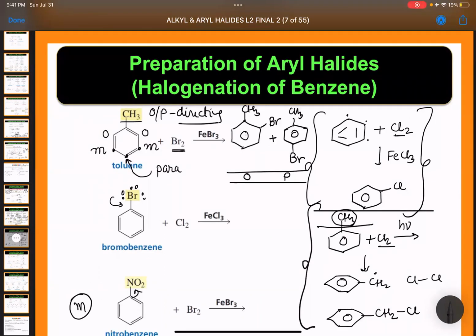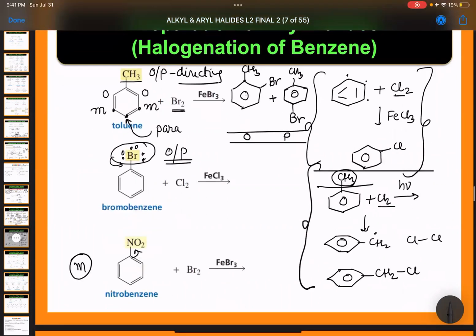And under this condition, ortho and para products are formed as major. If the group has lone pair, that is also an electron donating group, and that is also ortho para directing. But if you have a strongly electron withdrawing group, and how will you know the one? I will show you. Then it is meta directing.